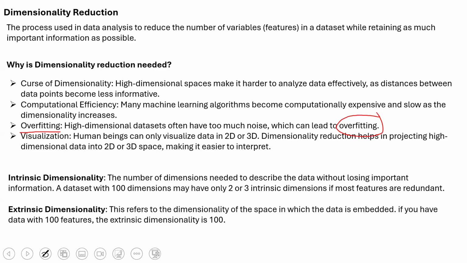So just understand this. High dimensional data often has too much noise. Noise in the sense of unnecessary data. You are putting unnecessary data into your mind so that you cannot accept any new data and cannot process it, right? So make sure you have only the right set of data given to the model. It's just like how a person will be more valuable if his mind has more valuable information.